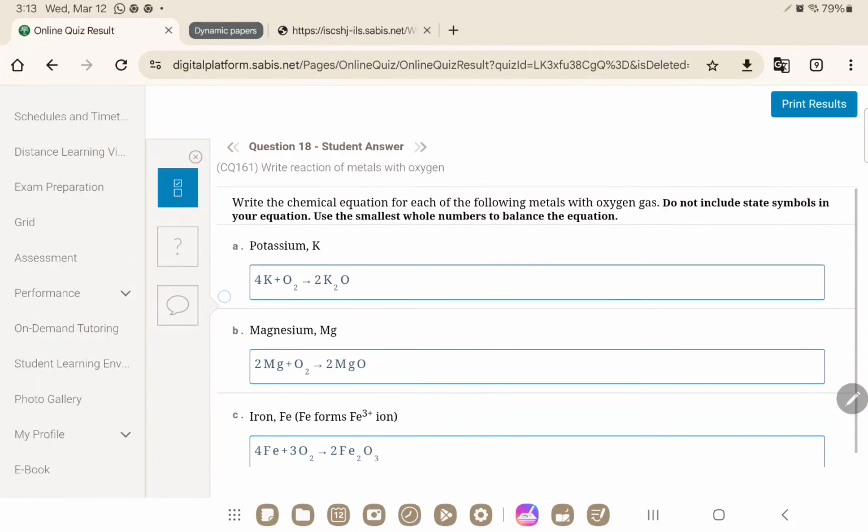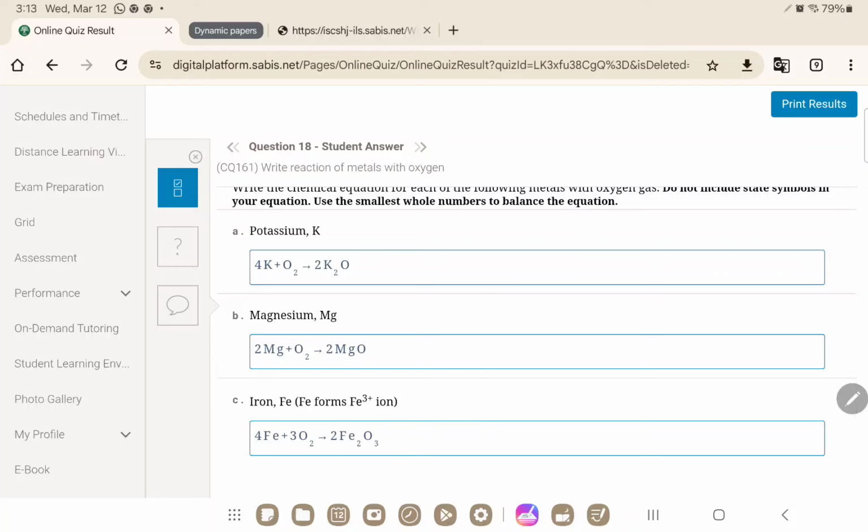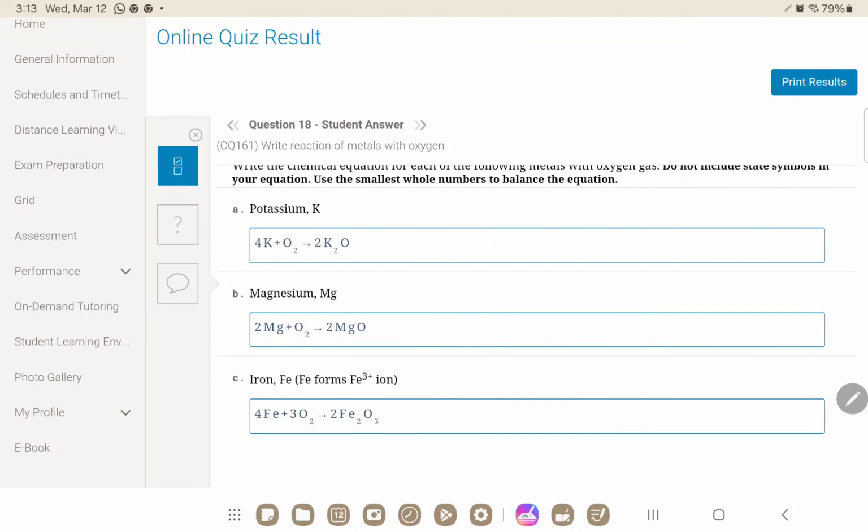Okay, here we have potassium. When it reacts with oxygen, it forms 2K2O. Magnesium, when it reacts with oxygen, 2MgO. This is practically asking you to just write down the oxide of the metals.